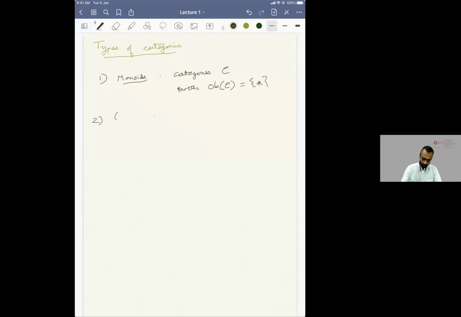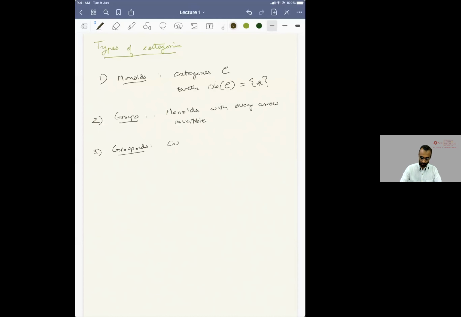Then I have groups. These are monoids with every element invertible. So they're categories with one object. Then you have groupoids.